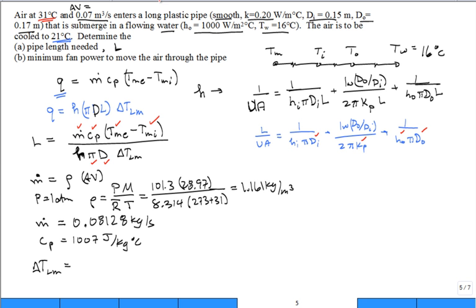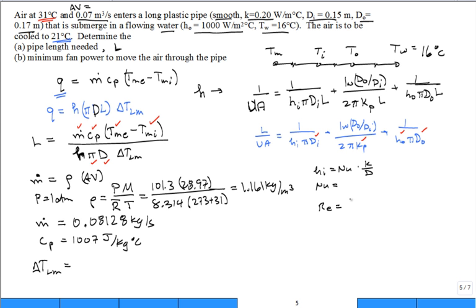The H on the inside, it's a standard pattern here, I'll go ahead and get a Nusselt number. From the Nusselt number, H is Nusselt times k over D, but I've got to get that Nusselt number. How do I get it? Well, I get the Reynolds number to see if it's laminar or turbulent flow, and then I check it.